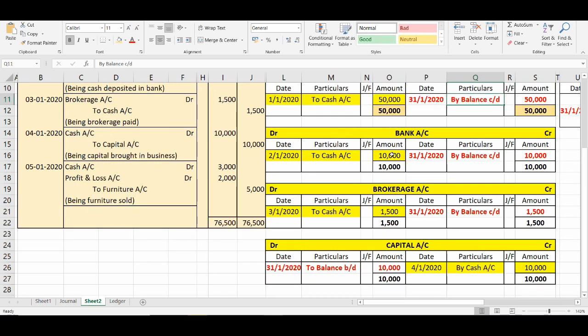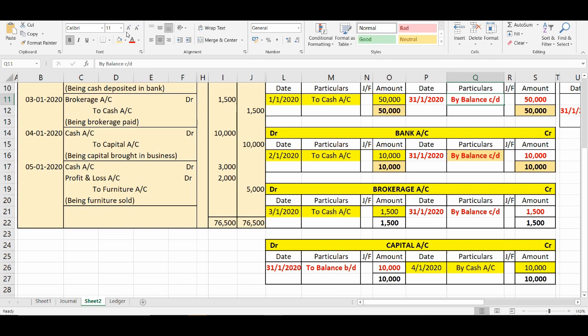For the bank account ledger, we just recorded an entry of 10,000. So that's the heaviest amount that will be given on both sides. And the balance, that is the balance carried down.